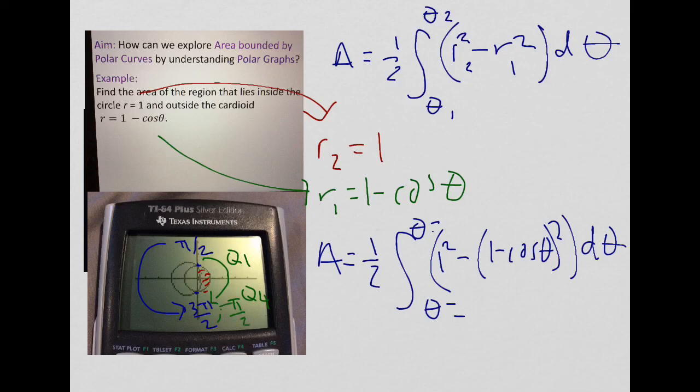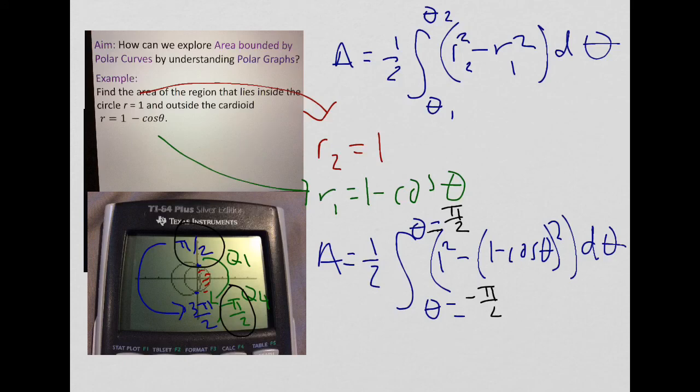Now, if you don't know it in radians and you know it as degrees, you would have to convert negative 90 degrees. It becomes negative pi over 2. So that's what we want to actually use for our lower bound. And the pi over 2 is definitely used, but it's going to be for our upper bound. Then you can plug it into your graphing calculator.